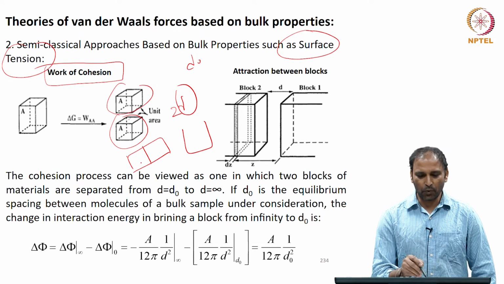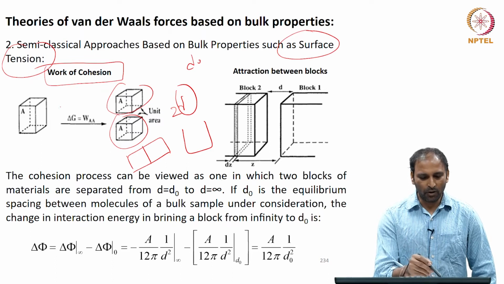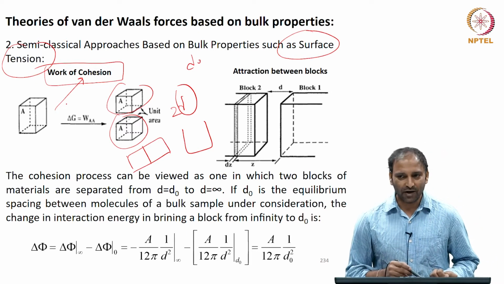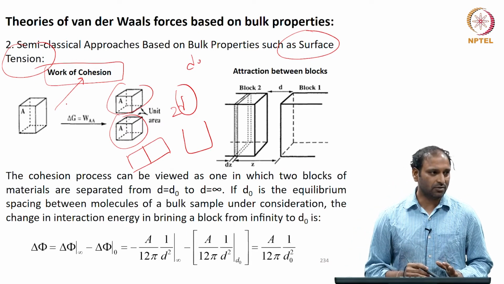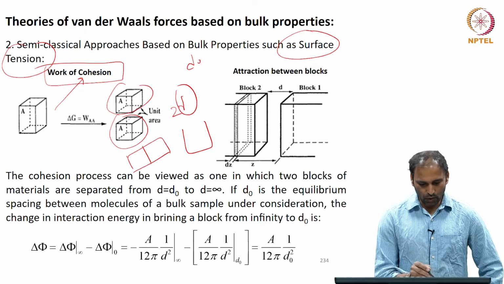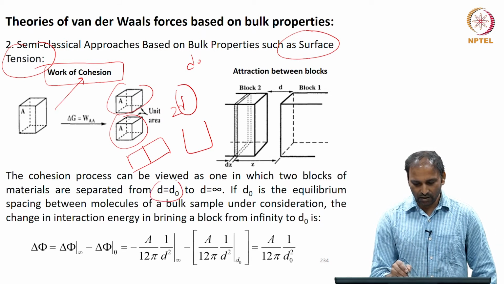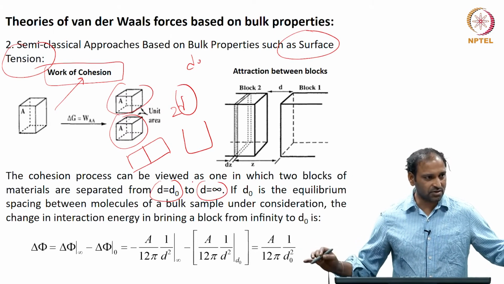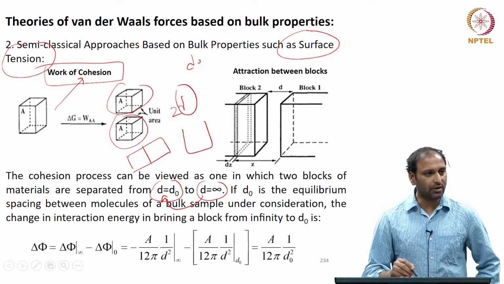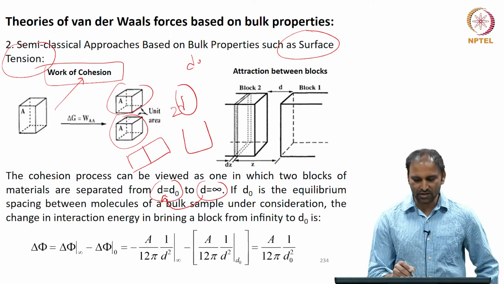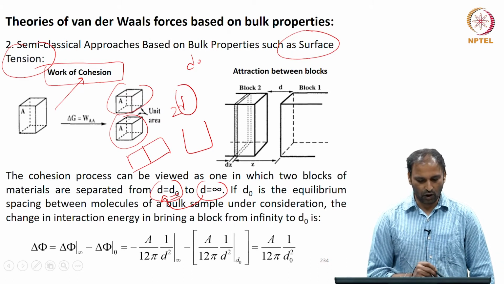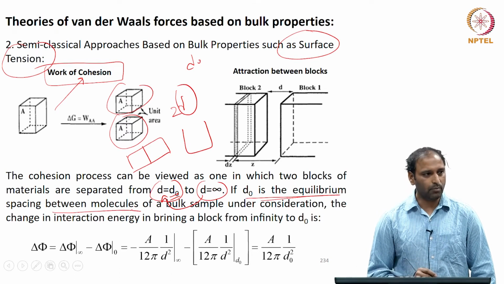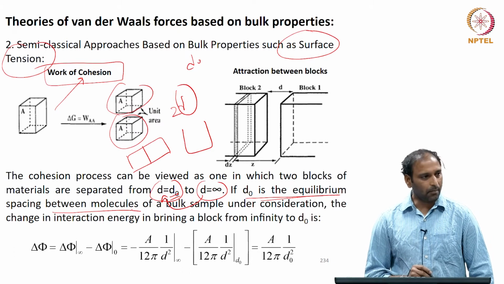in this concept, I can think about the work of adhesion as the van der Waals force of attraction between the 2 blocks. Initially your materials are separated by a very large distance. You bring them close and join them such that the distance of separation between the molecules is now d naught, the equilibrium spacing between the molecules of a bulk sample.